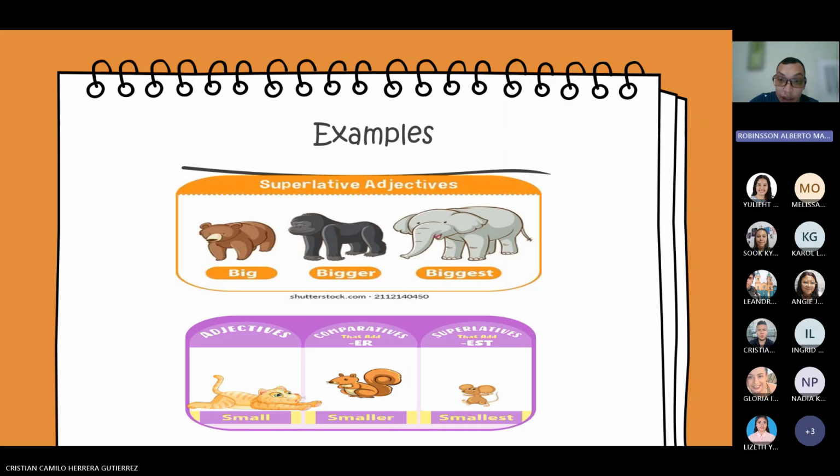Smaller. Smaller, that's right. Repeat. Smaller. Smaller. Smaller. And the superlative, we have to add the est, smallest. Smallest. Smallest. That's right. Perfect. Thanks so much. Next slide.